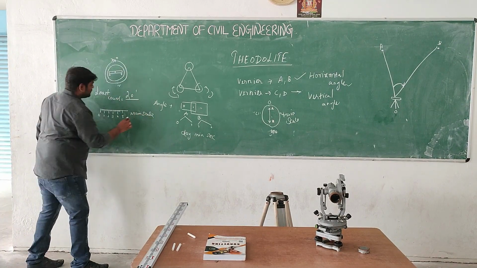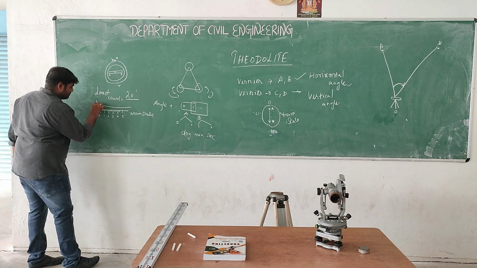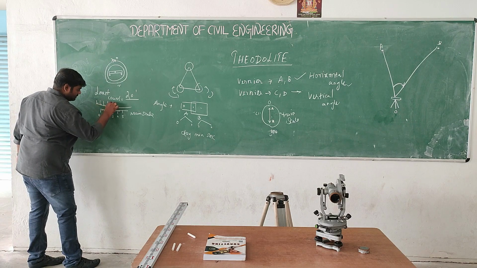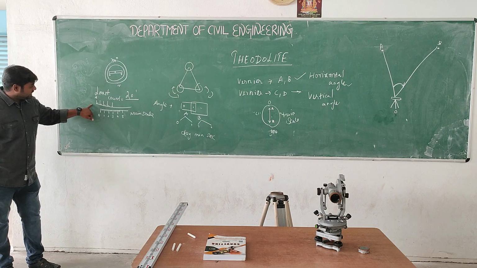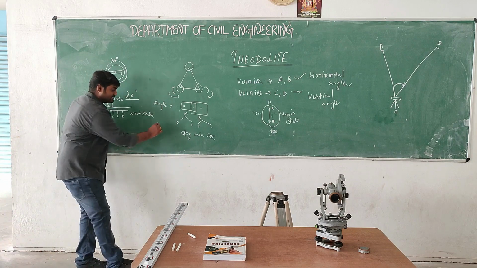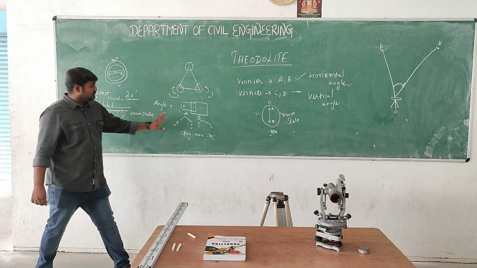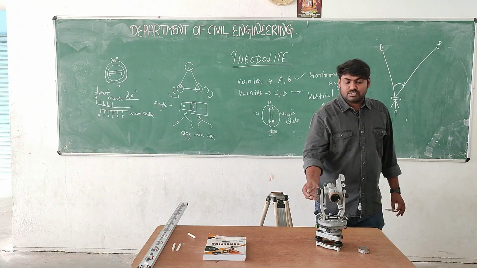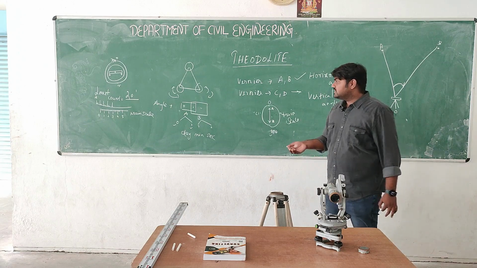Then we adjust the vernier; the vernier also has the same least count. Vernier A indicates on the main scale the degrees and minutes. Vernier B is also available in the opposite direction. From 0 to 5 degrees, we check what coincides.